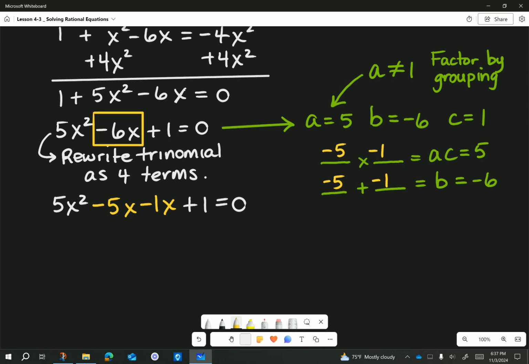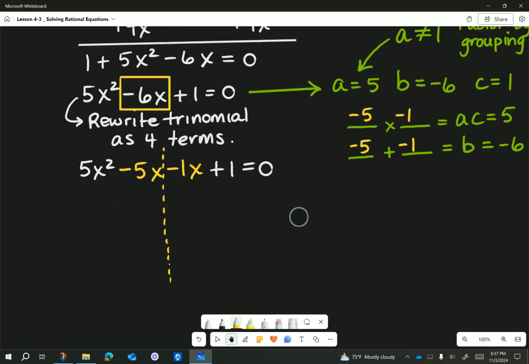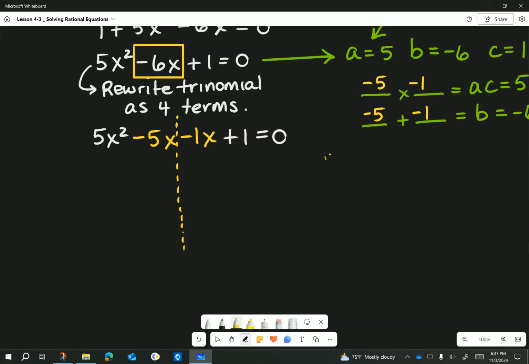And I do that because now I can just imagine myself dividing this polynomial in half so that I can factor by grouping. So I'm going to write this note over here on the side to remind you, you're going to factor by grouping and you're going to use GCF to do that.